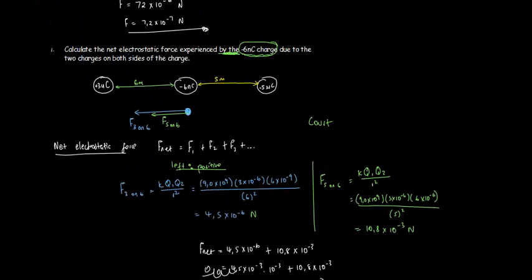Sir, what if at the question we write by the negative 5 microcoulomb charge instead of negative 6? Good. That's the question I was coming to. You read my mind, man.